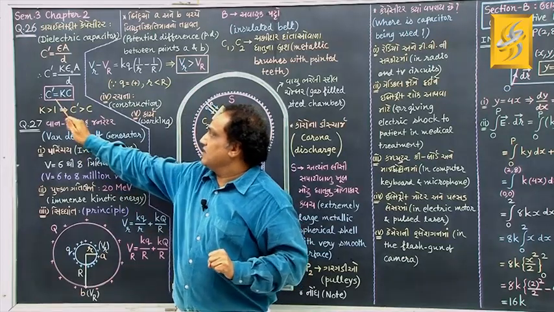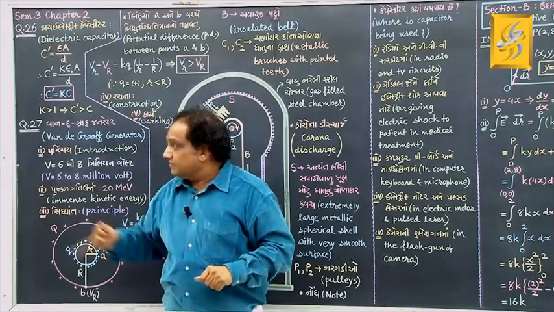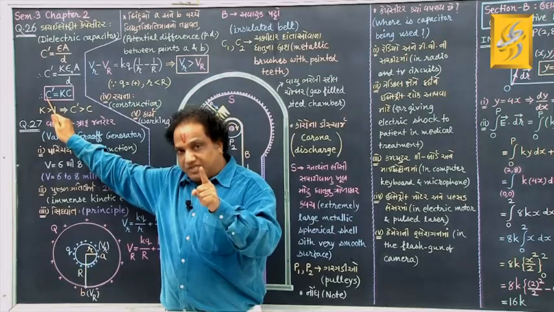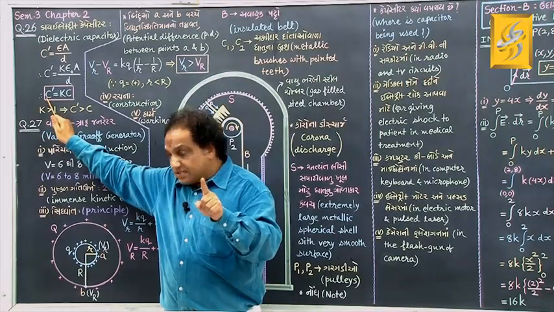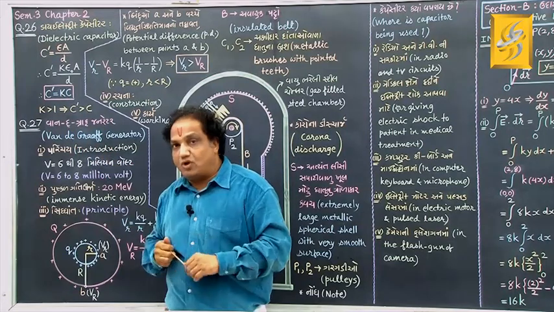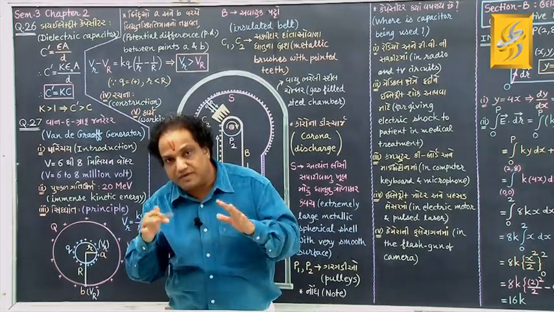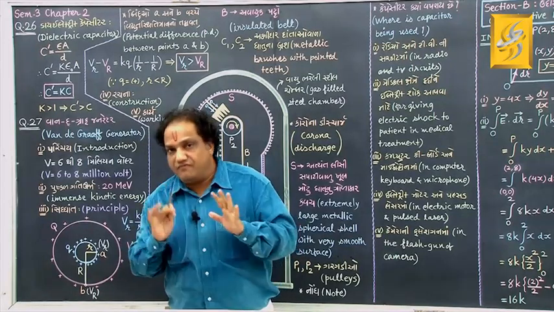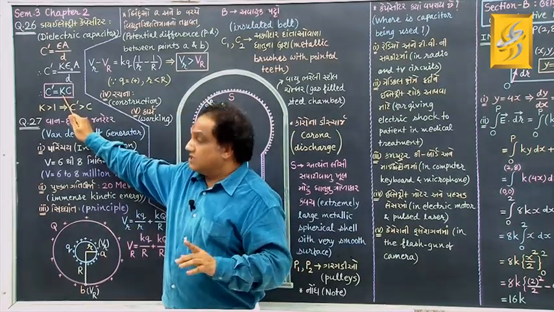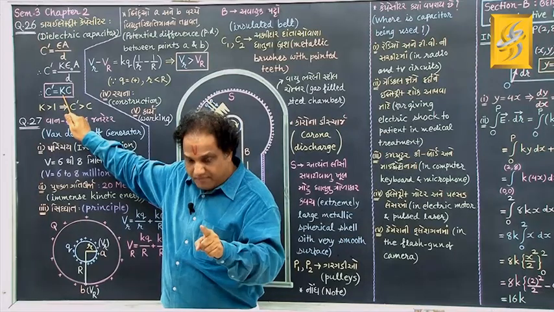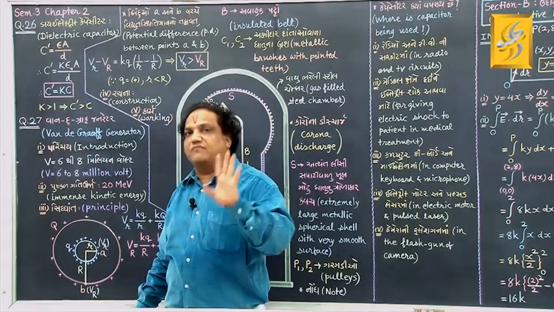Now tell me, what does this formula indicate? The capacitance of the dielectric capacitor is K times the capacitance of the parallel plate air or vacuum capacitor, with the same dimensions, got it? Fine. But here K is the dielectric constant of the given dielectric medium, which is always greater than 1.